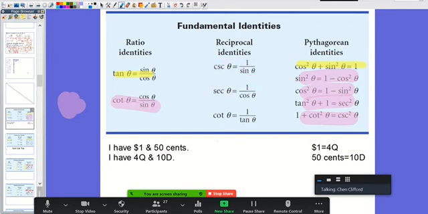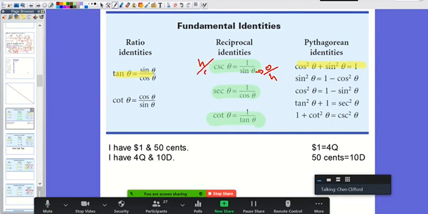So let's start with the easiest ones here, these greens. Remember, sine is basically opposite over hypotenuse, and cosecant is the reciprocal of that, hypotenuse over opposite. You're just going to flip that over, so that is why you have this green.